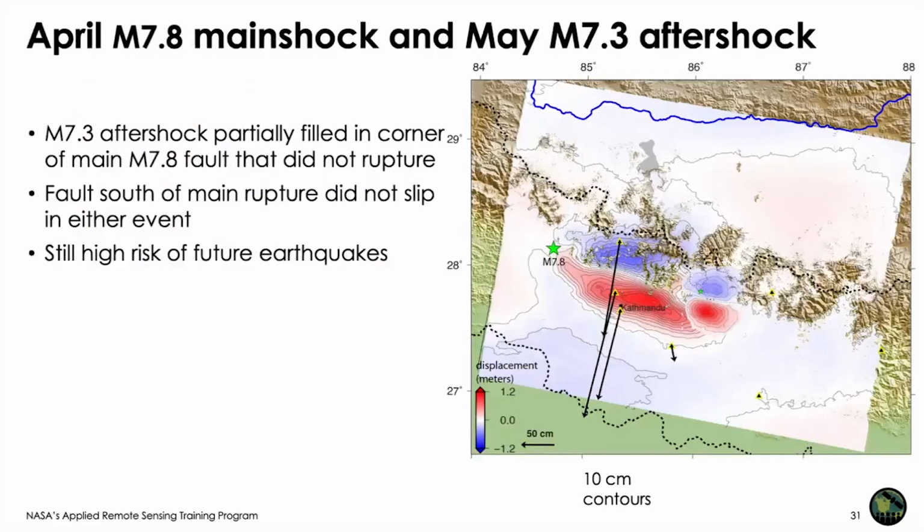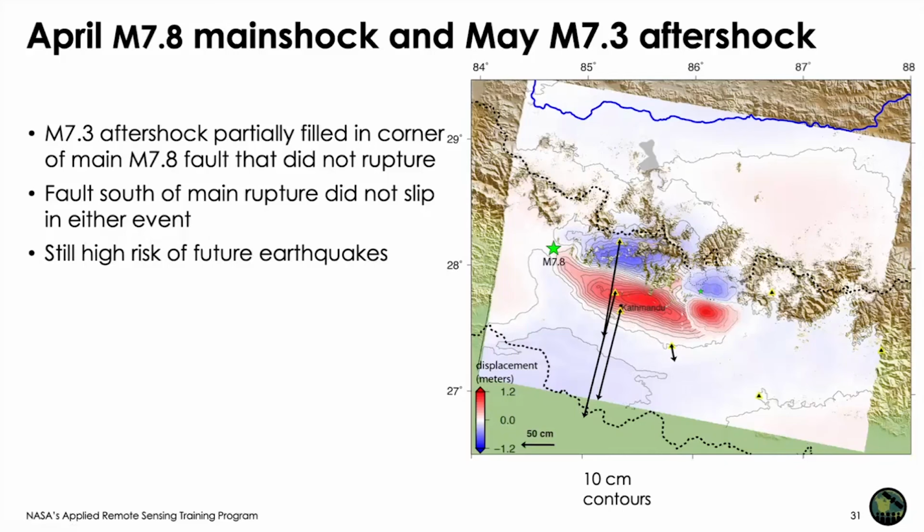And by combining the two, we can see that the 7.3 earthquake basically filled in sort of a gap where the 7.8 didn't fill in this corner over here. So it filled in part of the area that didn't rupture in this earthquake, but there's still large areas, especially to the south of the rupture, where we know there's the active Main Himalayan Thrust, but there's no sign of any displacement in the InSAR data.